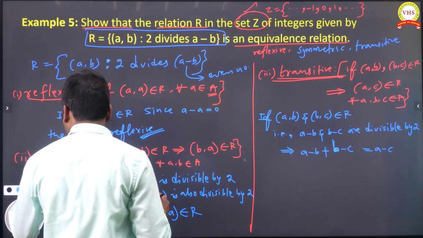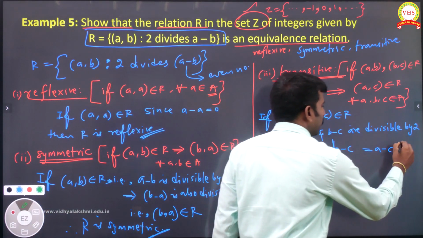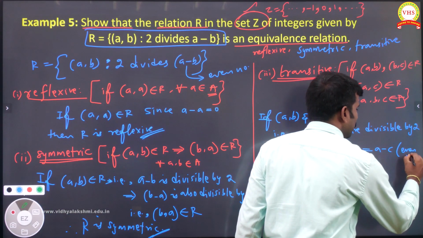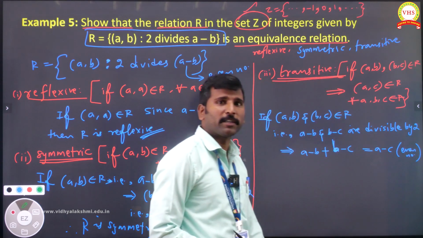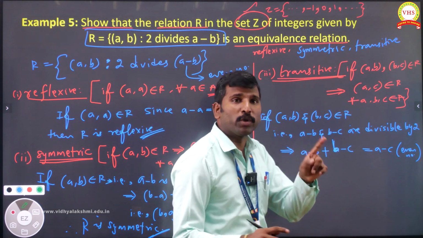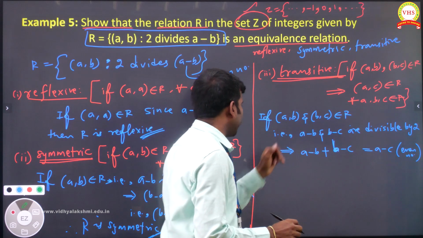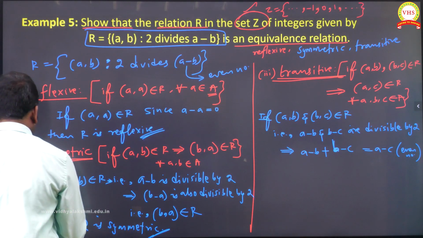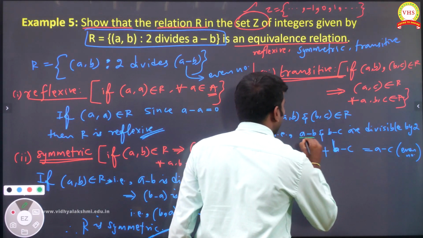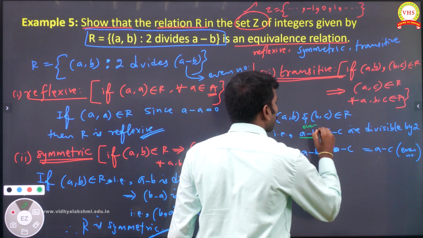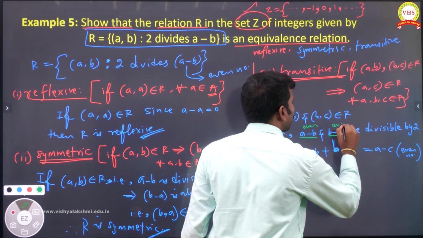This also will be even, I said. So you write here, this is an even number. Why is this even? Why is the sum of two even numbers even? Because a minus c, I said that is even: a minus b is even and b minus c is also even.